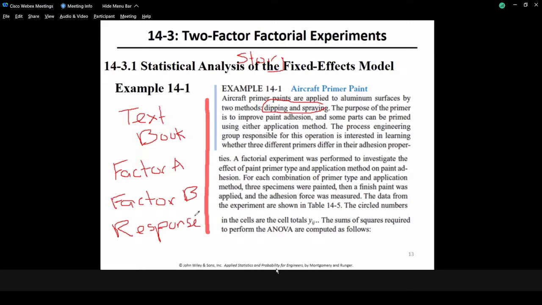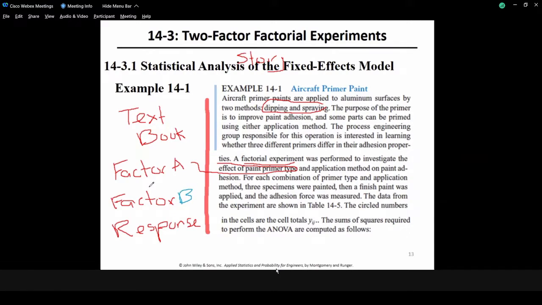You are working in the process engineering group and are interested in learning whether three different primer types affect adhesion properties. So you need to conduct a factorial experiment to investigate the effect of primer type and application method. A is primer type.